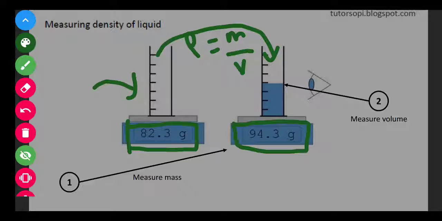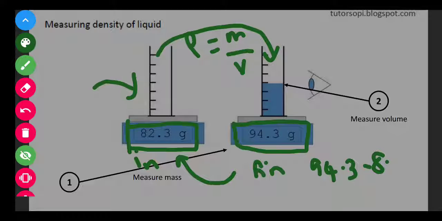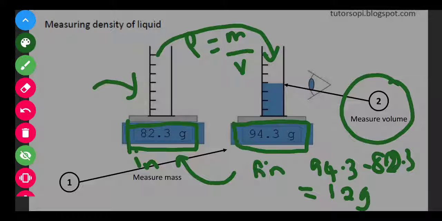Okay, so bila kita masukkan liquid tu dekat dalam dia, kita akan nampak the mass increases. So the mass of liquid adalah final minus dengan initial. So dalam kes ni adalah 94.3 minus 82.3. So kita akan dapat 12 gram. Okay, selepas tu kita akan measure the volume. So dekat sini kita just boleh tengok, guna mata tengok dekat sini.